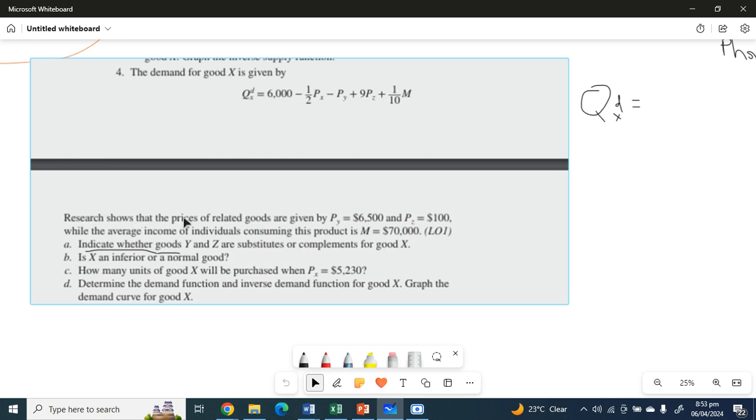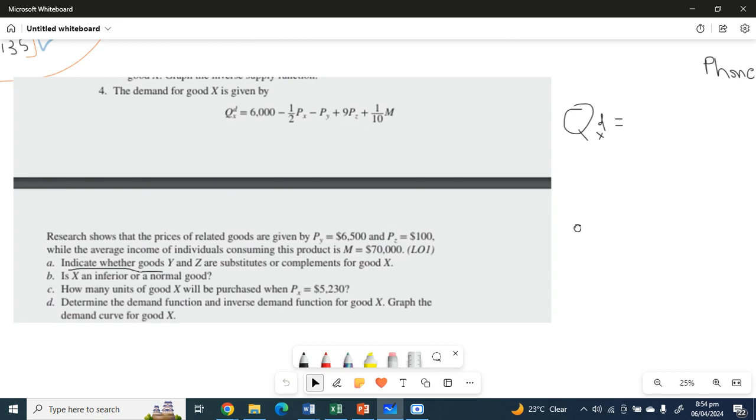Research shows that prices of related goods are PY 6,500, PZ $100, and the average income of individuals consuming this product is M equals $70,000.